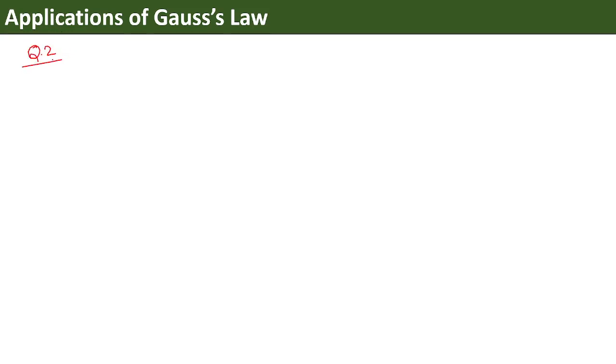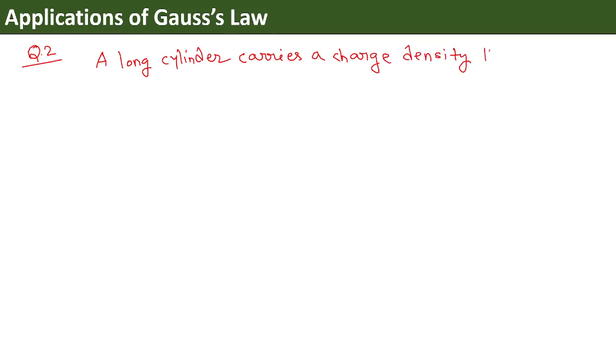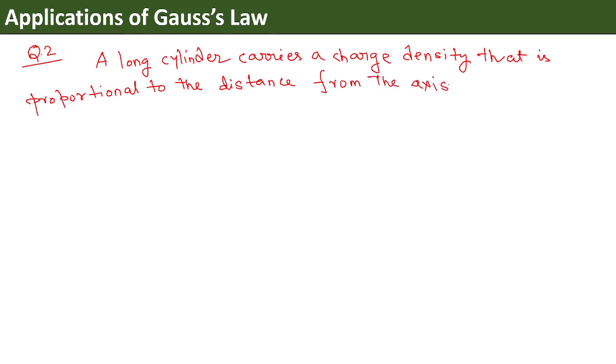Let's say this is question number 2: a long cylinder carries a charge density that is proportional to the distance from the axis, rho given by ks, where k is some positive constant.